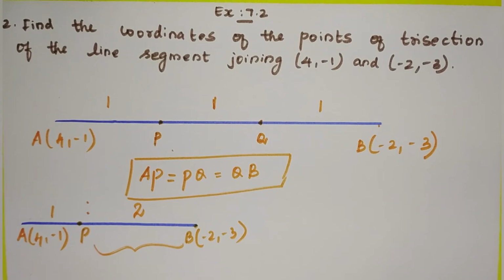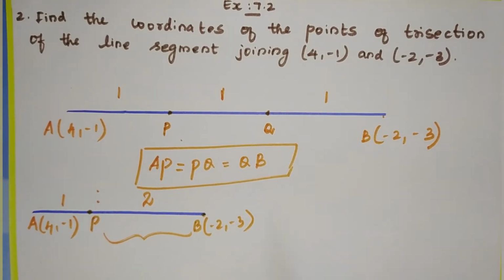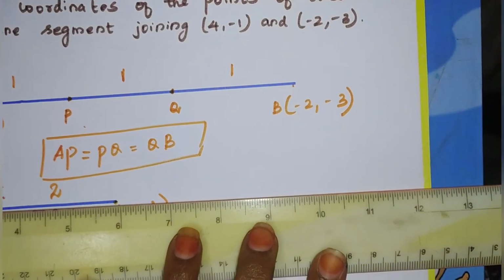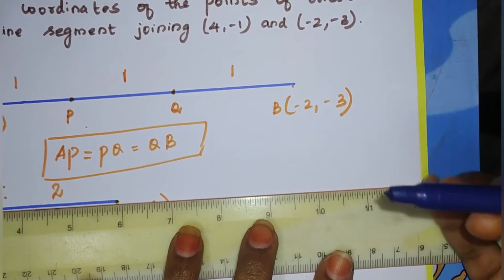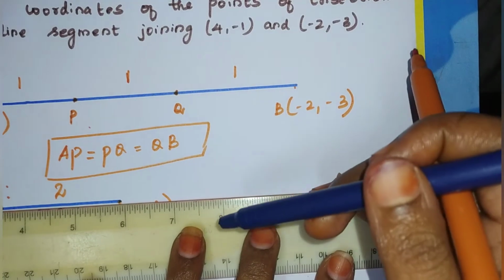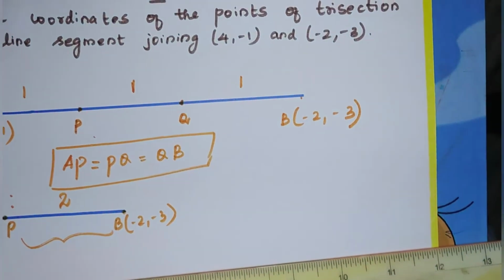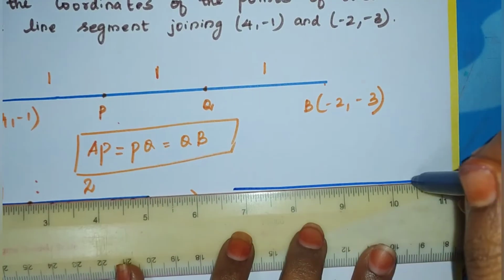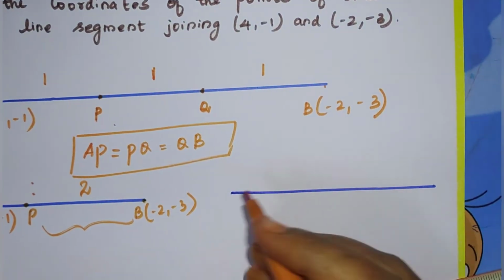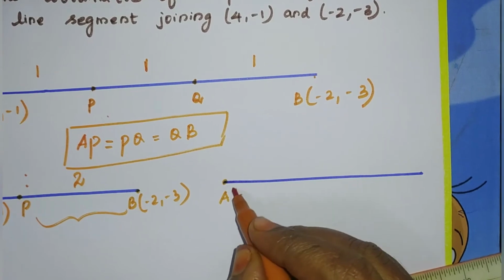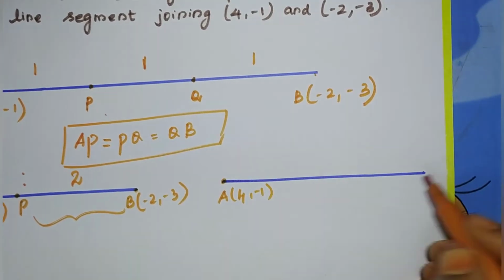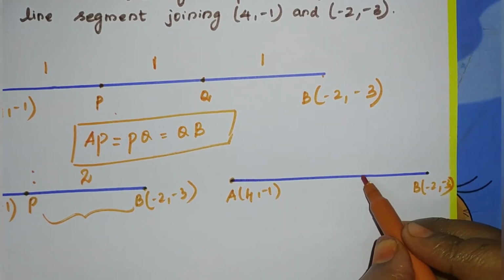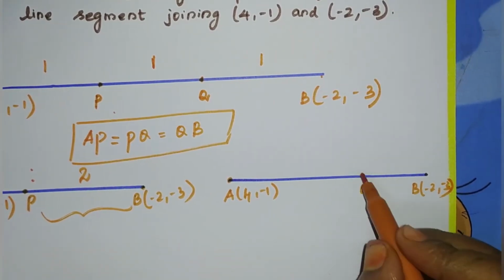And the next one I am going to find is the point Q. This is A and this is B and this is Q. QB is 1, I know that one.